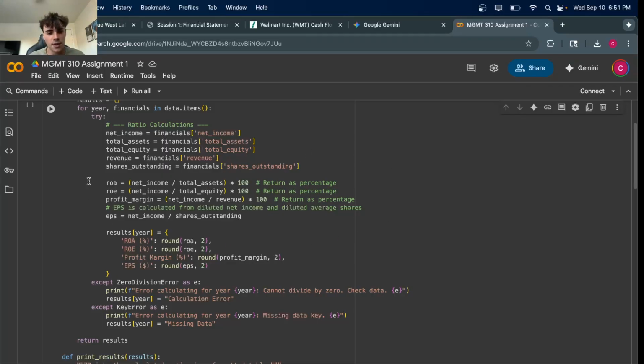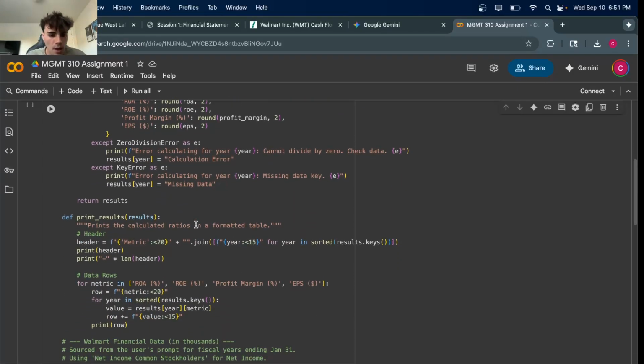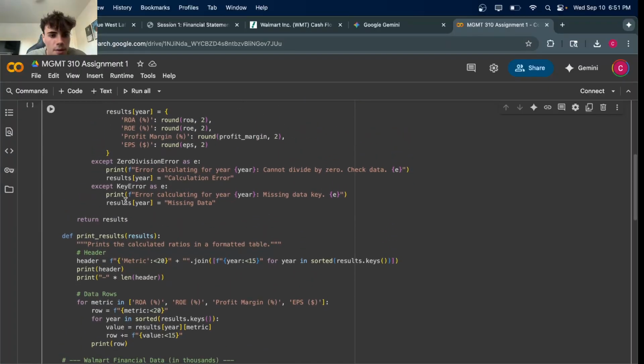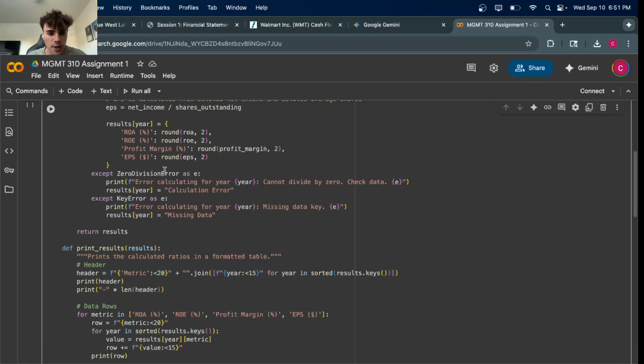It's figuring out what it needs to actually solve each equation and get a correct percentage. Down here, it's telling it to round to specific decimal points, so it's rounding to the hundredth.